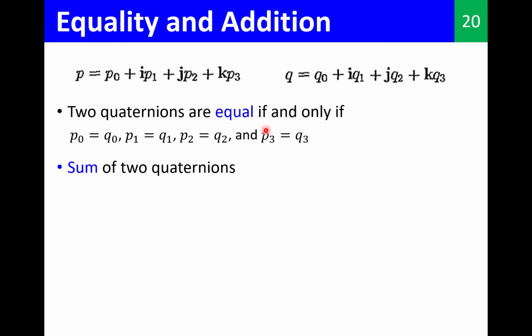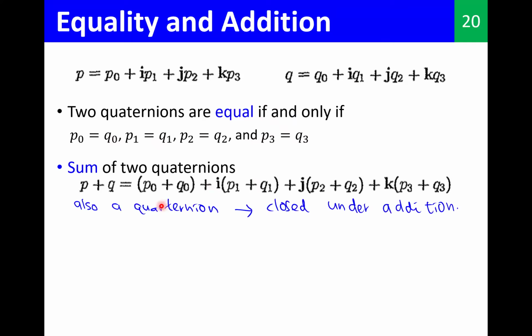Then when it comes to the sum of two quaternions, it's pretty much the same as other algebra. We take the summation of the corresponding elements: the scalar part, the i part, j part, k part, right? And this result is also a quaternion because it's closed under addition.